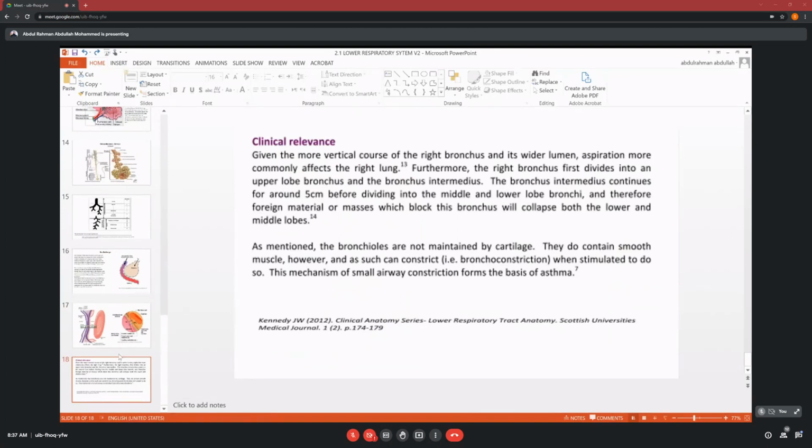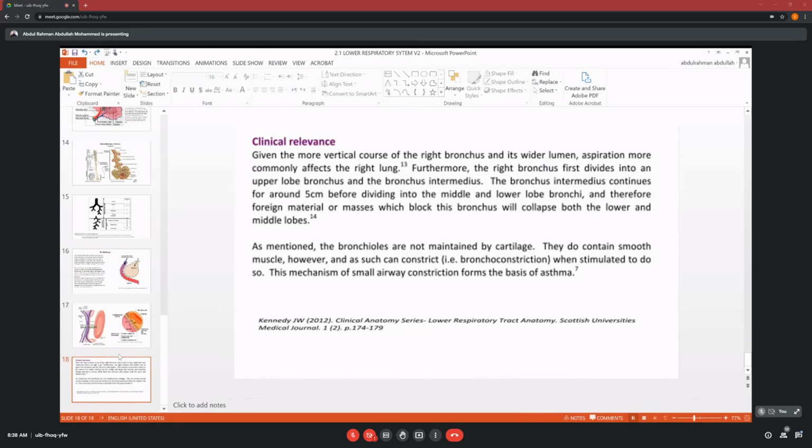Now here is talking about the bronchus. The right bronchus, it is wider. Yeah, wider. So what is the consequence of the right being wider? If there is any aspiration, it goes toward the right side as compared to the left.